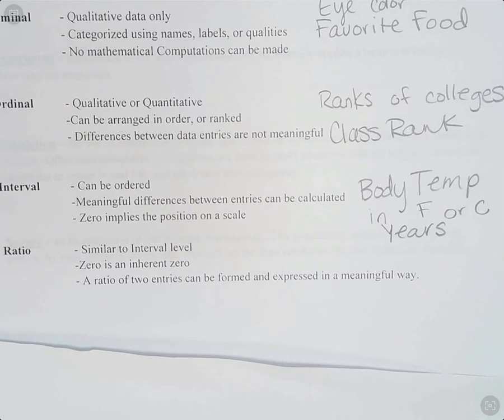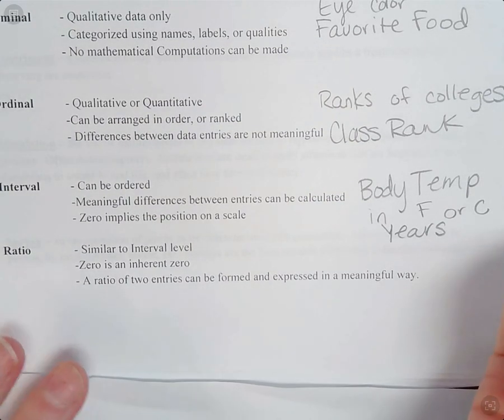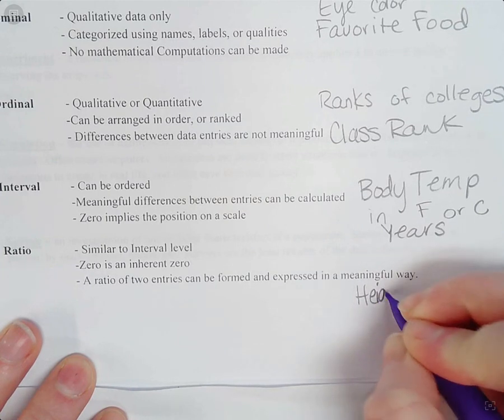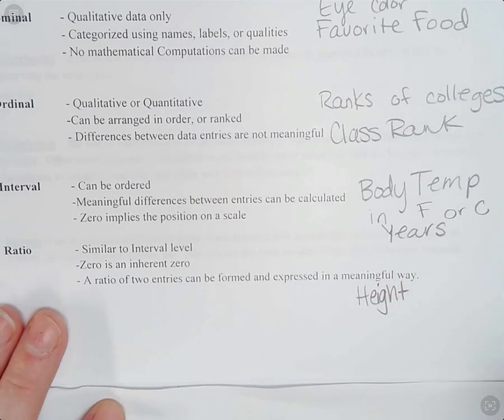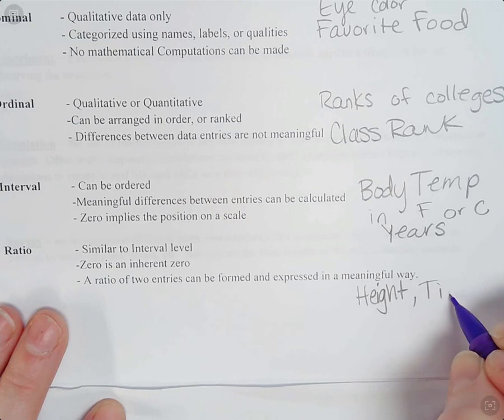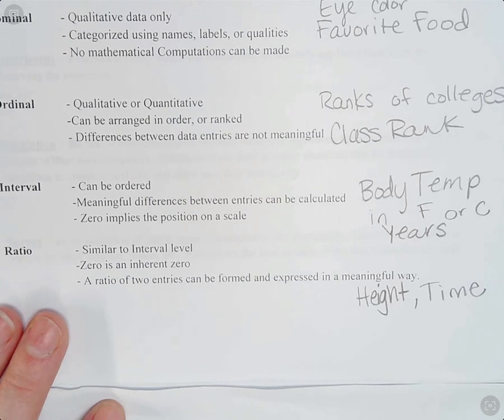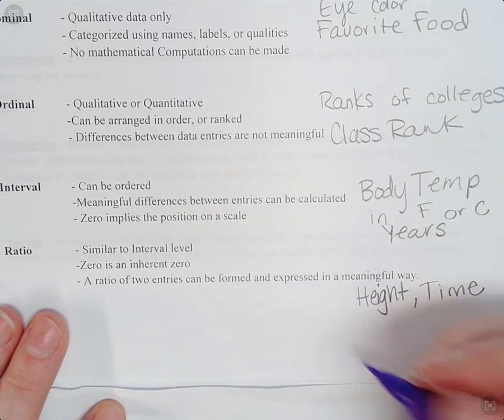All right, so for ratio level, we could put height as a ratio, time as a ratio, distances.